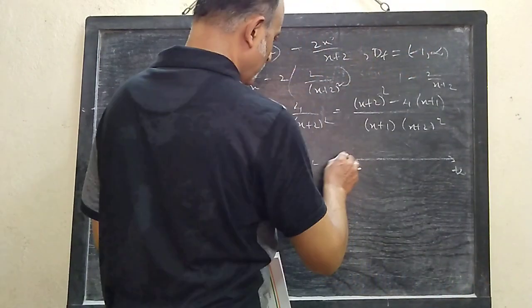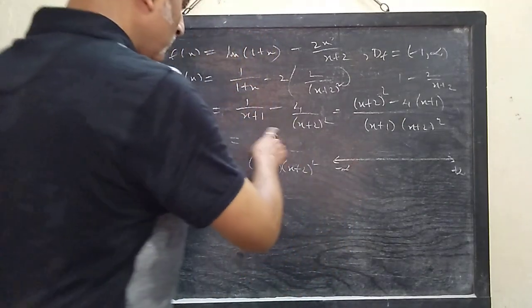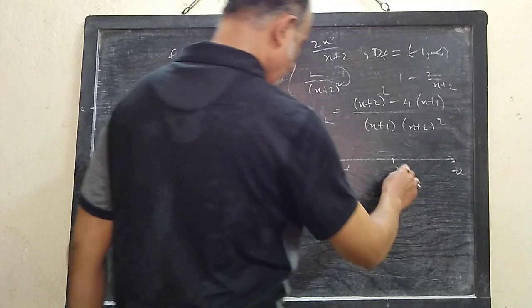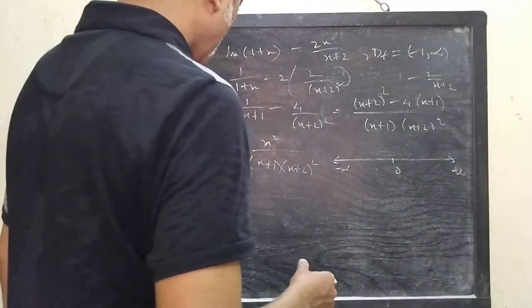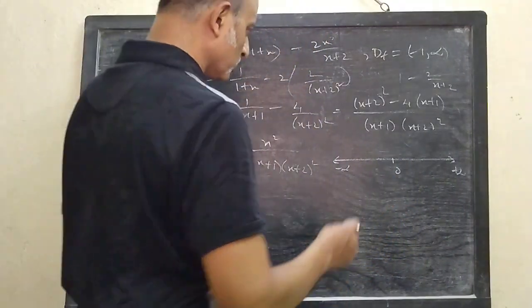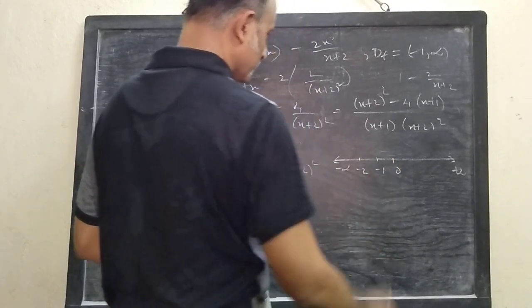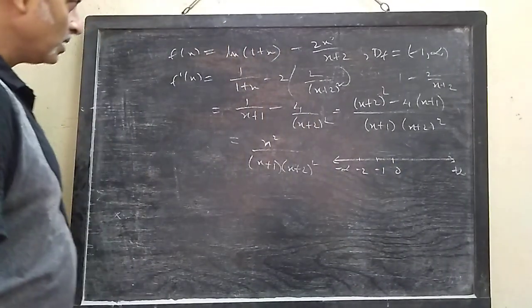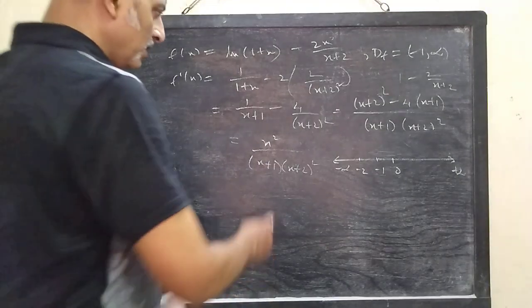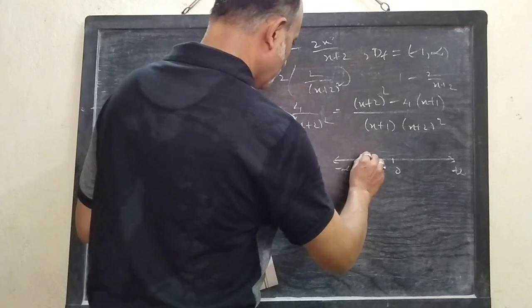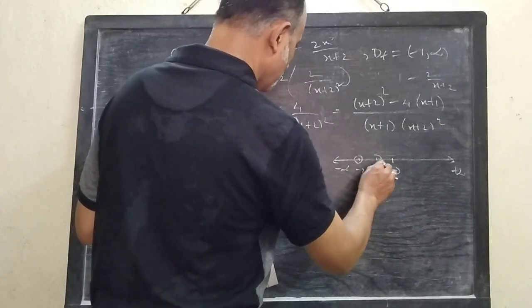This is plus infinity, this is minus infinity. Look, the zero of the numerator is 0, and the zeros of the denominator are minus 1 and minus 2. Say this is minus 2, this is minus 1. The zeros of the denominator should be marked with open circle because these can't belong to the solution.